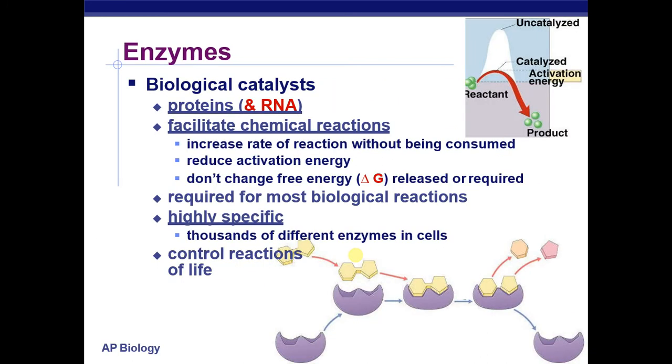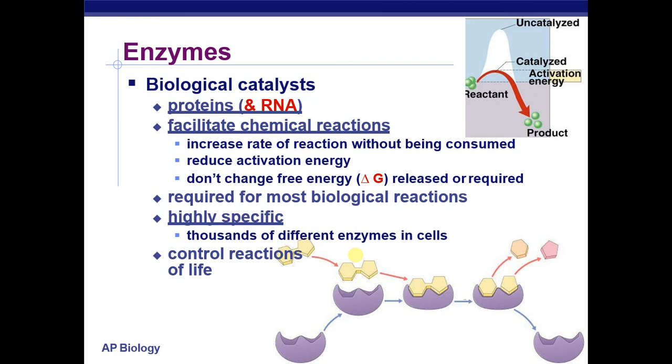So enzymes are biological catalysts. They are all proteins and some RNA. We'll talk more about RNA later. And they facilitate chemical reactions by increasing the rate, making them happen faster by reducing the activation energy.